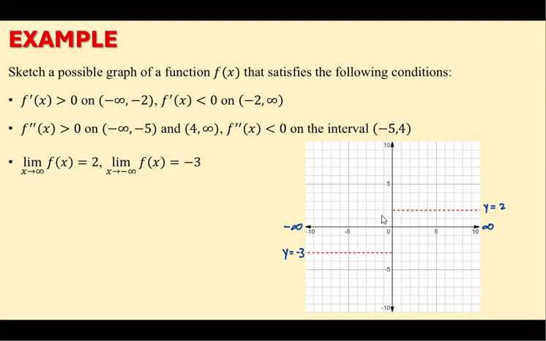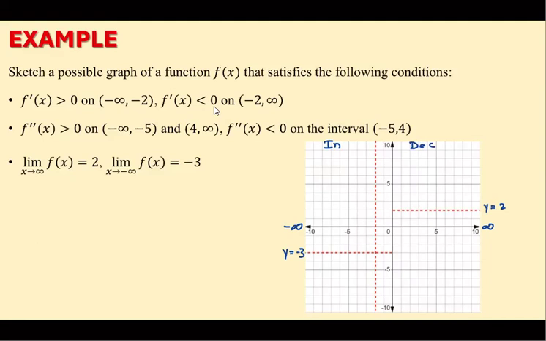So I'm going to draw a vertical line at x equal to -2. I'm going to remove that line at the end, but just to show that on the left side of x equal to -2, the first derivative is positive, meaning the function is increasing here. And from -2 up to infinity, the first derivative is negative, so the function is decreasing on this side.